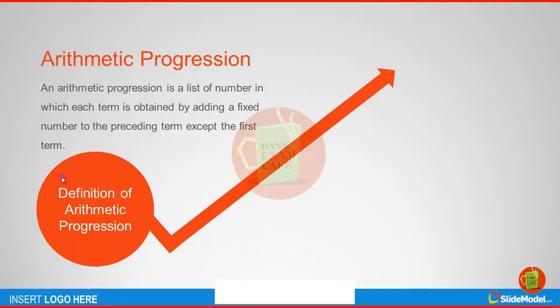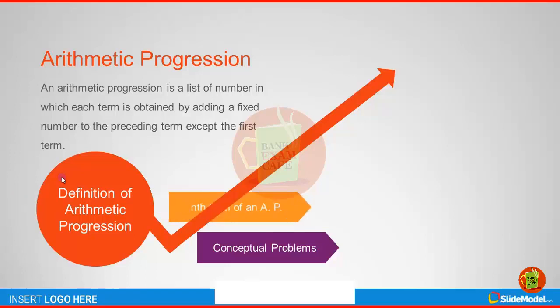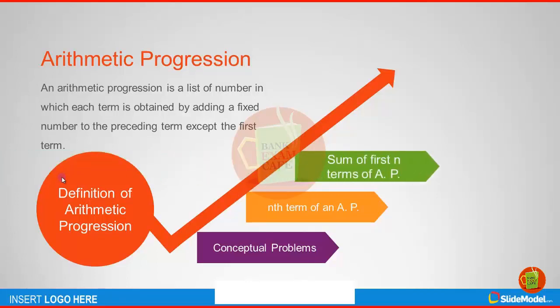So here, the first topic that we will learn will be conceptual problems. How to solve the conceptual problems. Second, how to find the nth term of an AP. Then the third step will be the sum of first n terms of an AP.